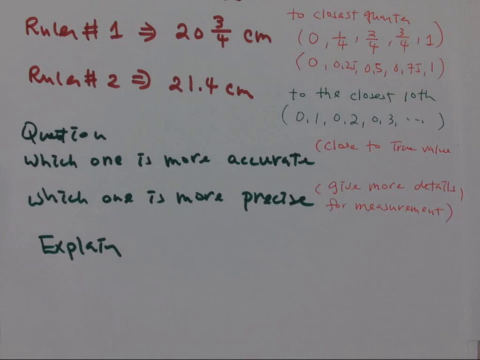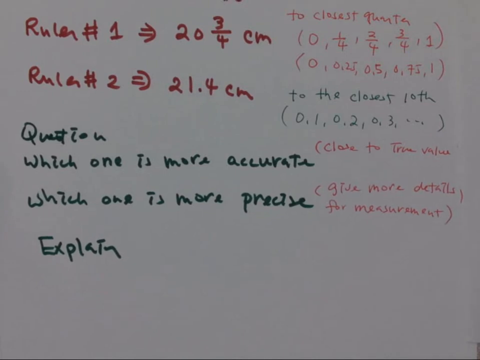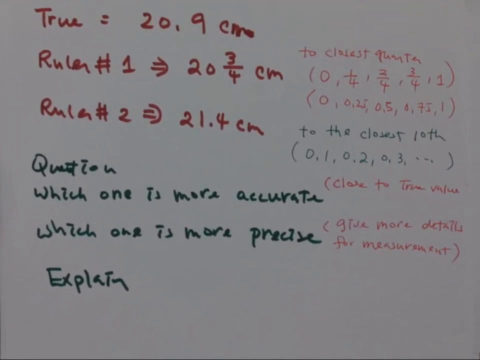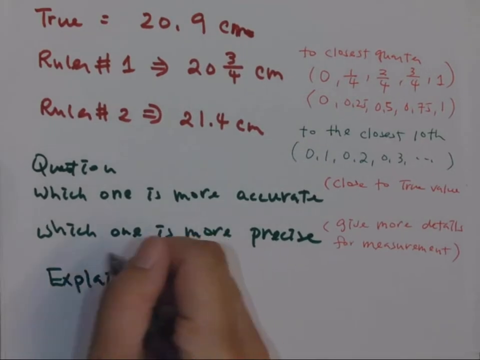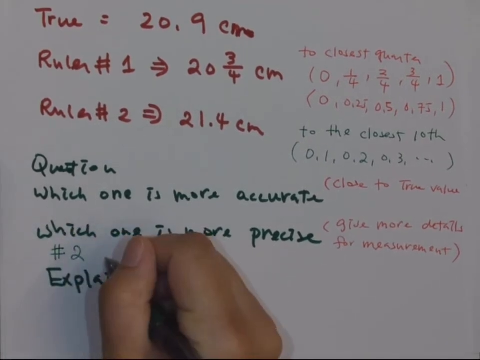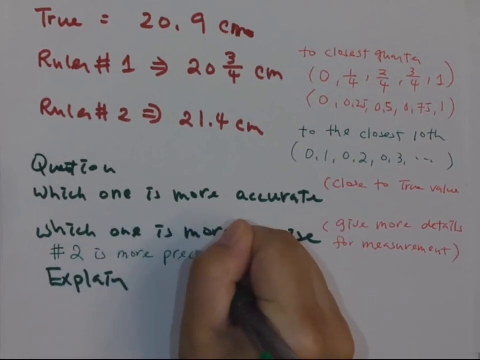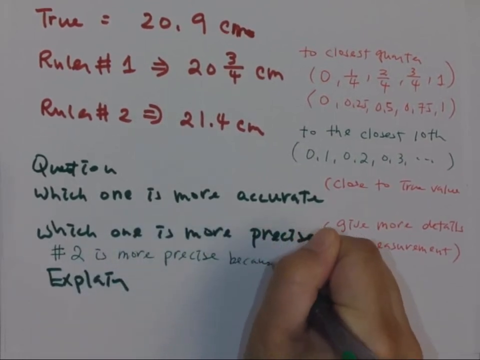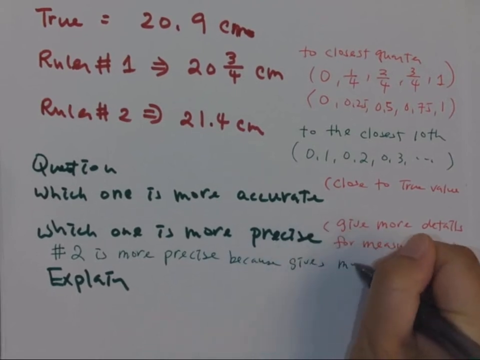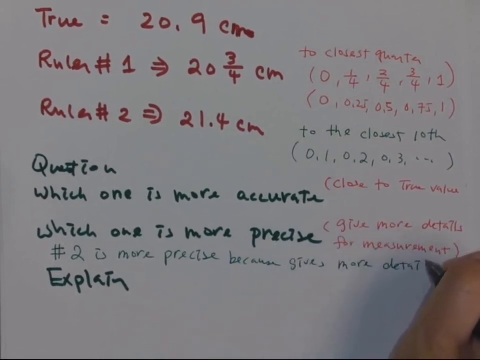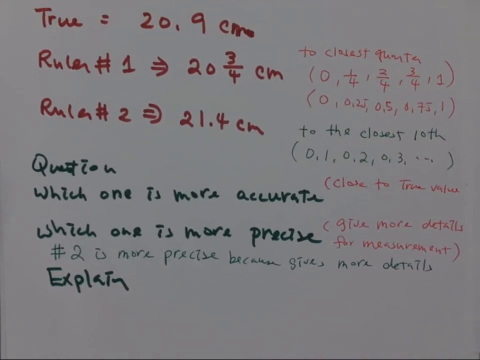Which one is giving you more detail? You should be able to tell without any calculation. Number two is more precise because it gives more details. 0.1, 0.2 is more detailed than 0.25, 0.5.